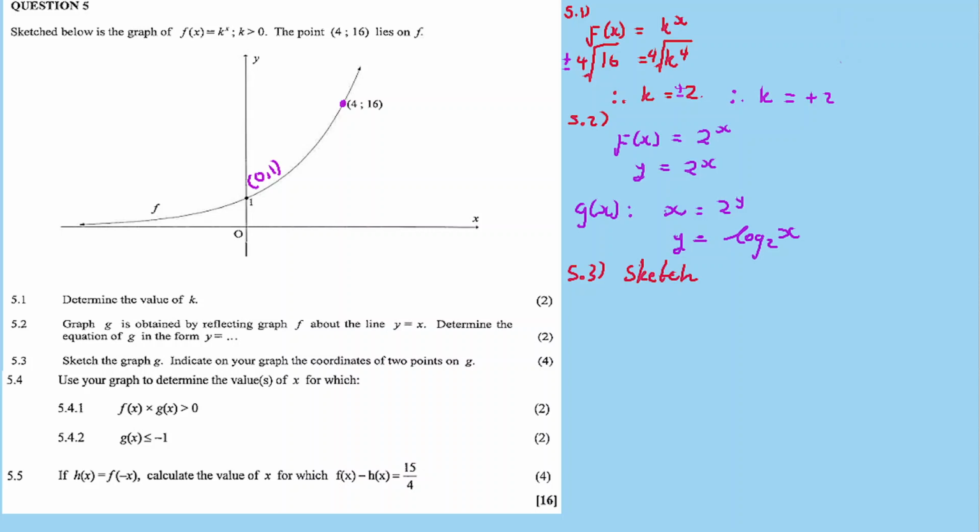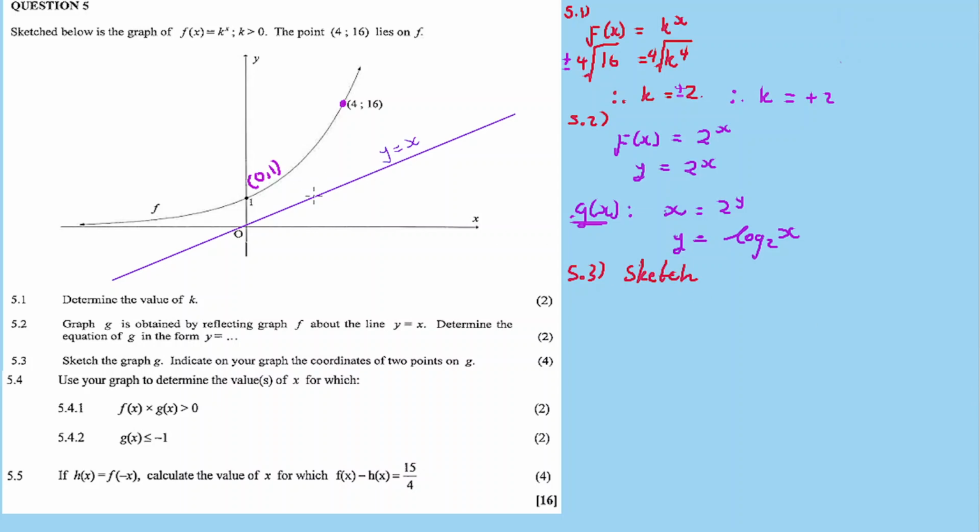5.3, sketch the graph of g. Indicate in your graph the coordinates of 2 points on g. So g is the inverse of f. So we want to plot that graph. The graph we are going to plot is f reflected about the line y equal to x.